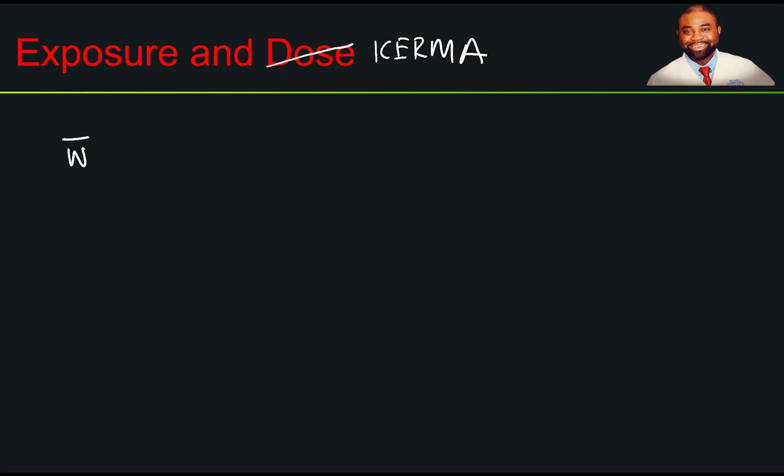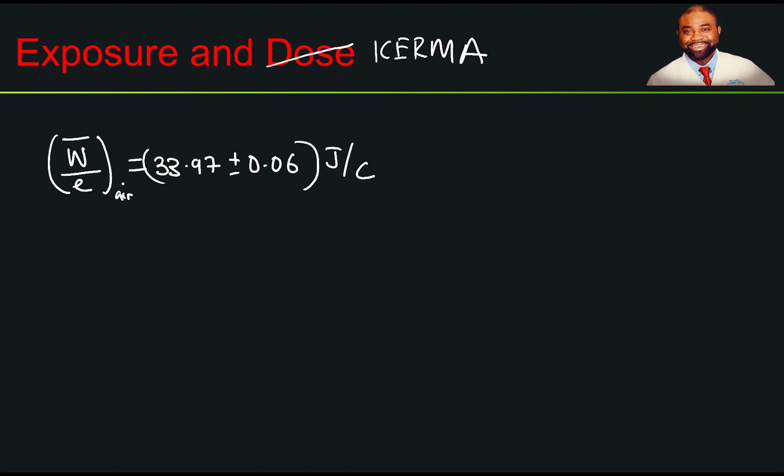And this mean energy expended per ion pair in a given gas is constant. In air, that mean energy divided by e, which is the charge on an electron, is approximately equal to 33.97 plus or minus 0.06 joules per coulomb.